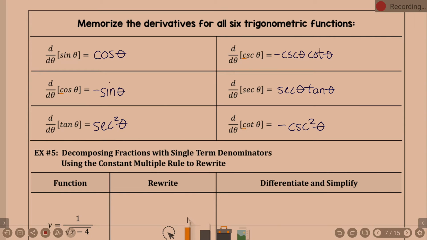I don't know if that's a good trick or a bad trick, but if you're trying to remember where your negatives go, I have it written in my notes. C is negative. I'm like, what did I mean by that? And then I realized that I have cosine, cosecant, and cotangent all underlined. Take it or leave it.